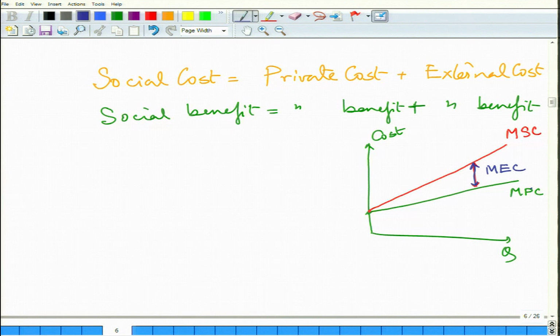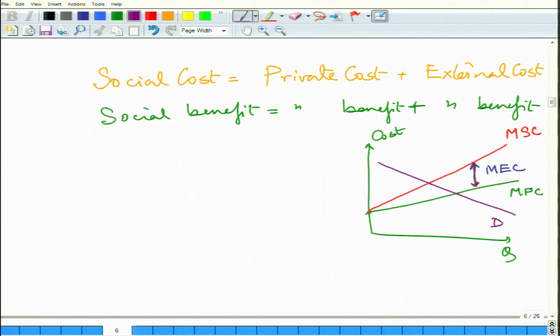Now, I have my demand curve, which comes out of the benefit. It is downward sloping because of diminishing marginal utility. So I will draw my demand curve like this.